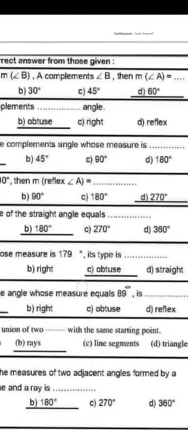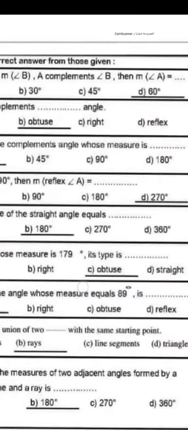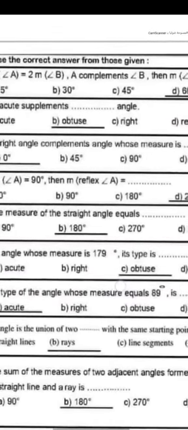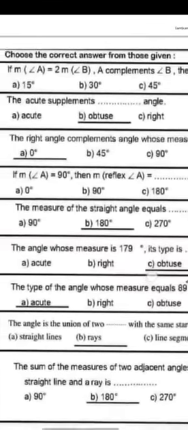Now the measure of angle A will be 60 because A is the greater one, and if he asks about B, which is the smaller, it will be equal to 30.